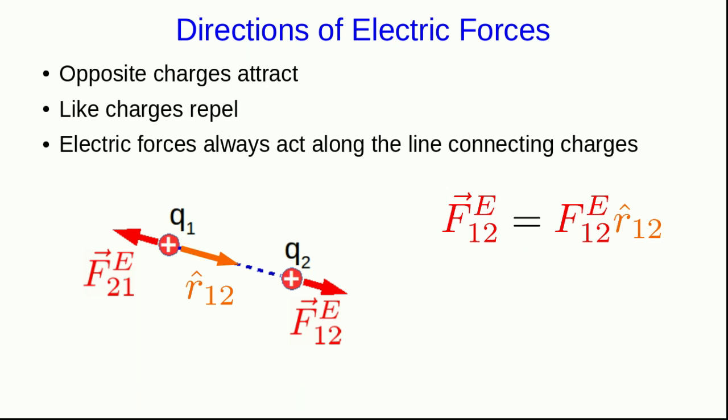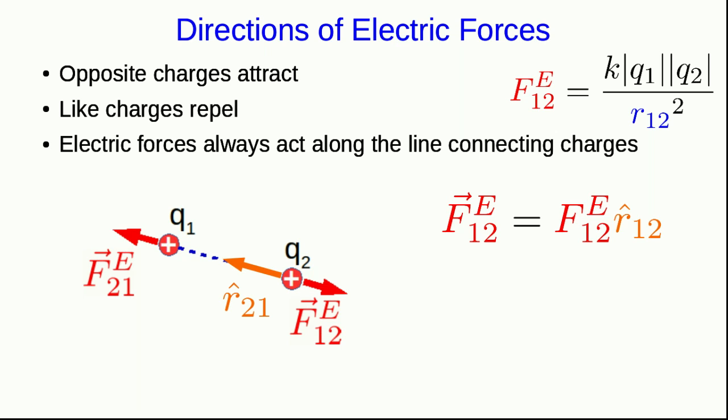So let's look at these two like charges repelling. You can see just from the diagram that we must be able to write the force that 1 exerts on 2 as the magnitude of the force that 1 exerts on 2 times the unit vector r hat 1,2. It is in the direction of that r hat vector. And we know how to get that magnitude, F12.